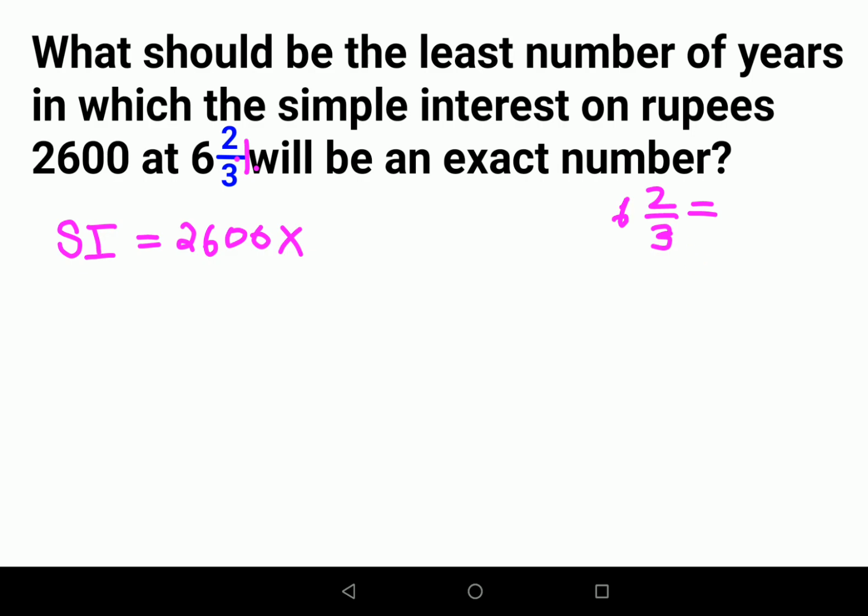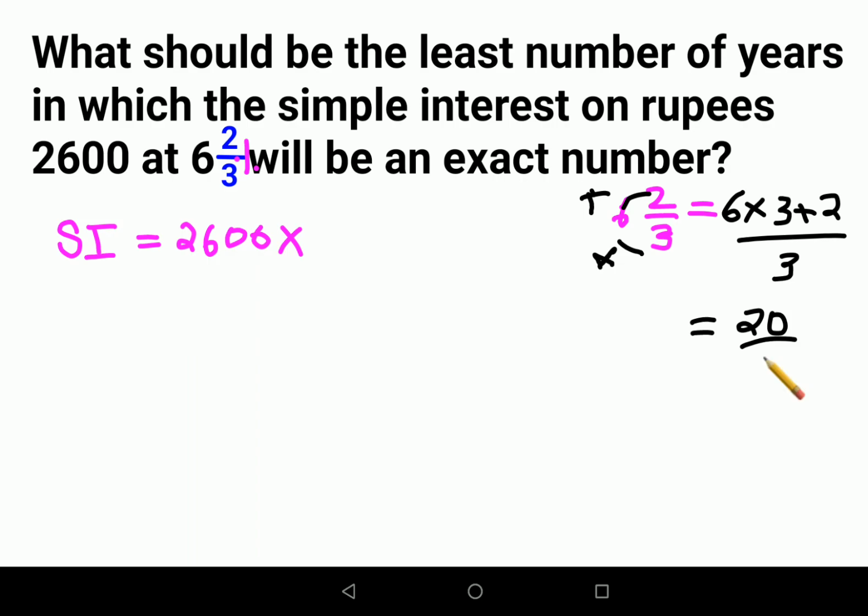All you have to do is multiply 6 and 3, and then add whatever answer you get to the numerator, which is 2. So 6 into 3 plus 2 upon 3 gets you 20 upon 3. This gives 20 upon 3 into n, which we need to find, upon 100.